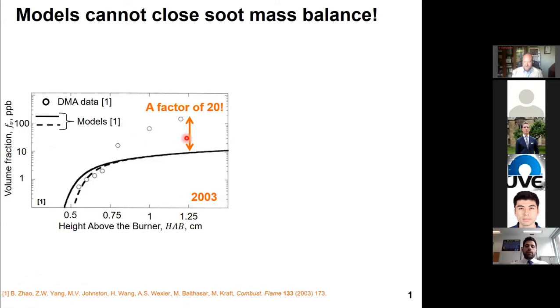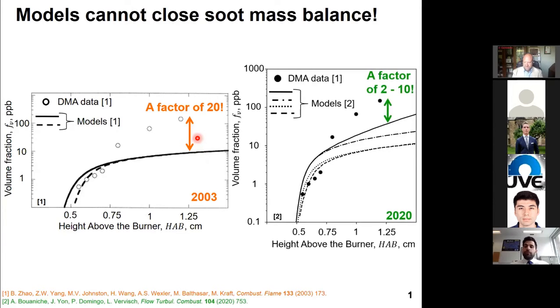Originally, this discrepancy was attributed to assumptions made regarding the particle dynamics or the reaction kinetics in these models. However, as you can see over here, the same soot volume fractions obtained from the same mobility size distributions are still between 2 to 10 times larger than those obtained by more complex combustion models that were published last year.